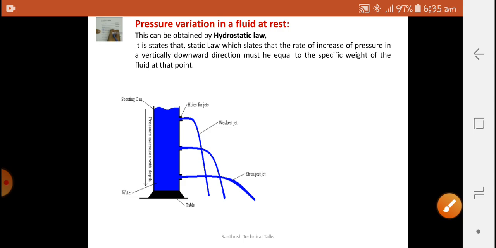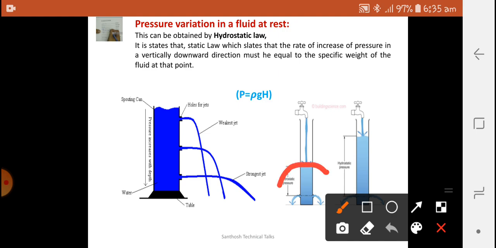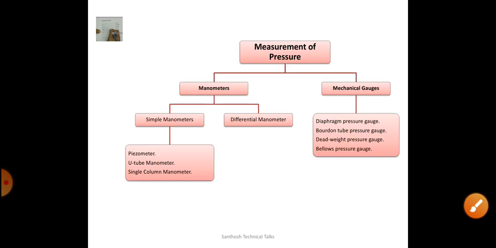Okay, so the equation is P is equal to rho gh. That is the hydrostatic pressure in a column like this. If the column is very low, the pressure is very low. If the column is very high, then the bottom pressure is also very high.